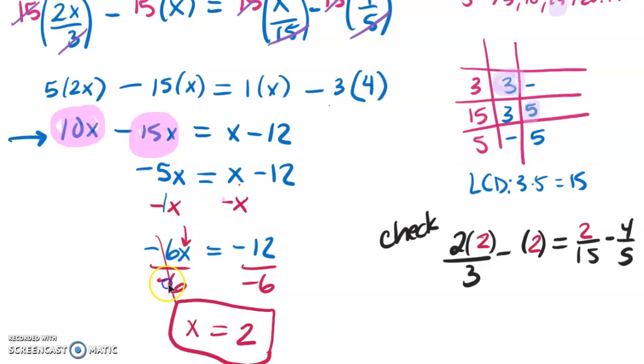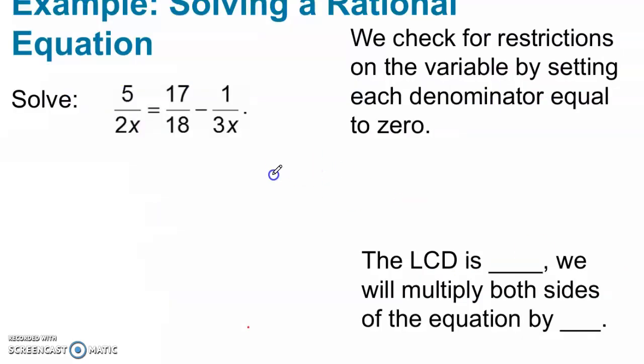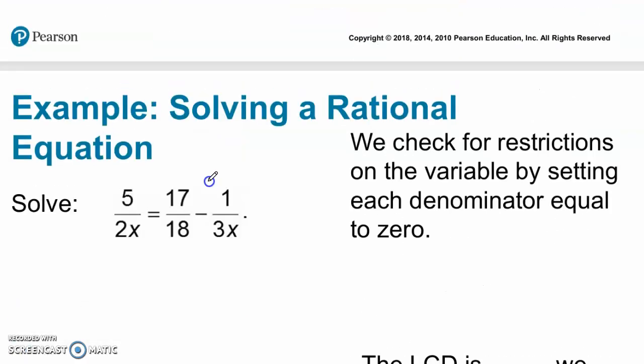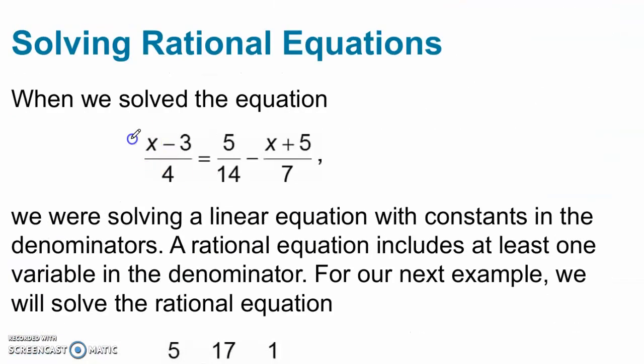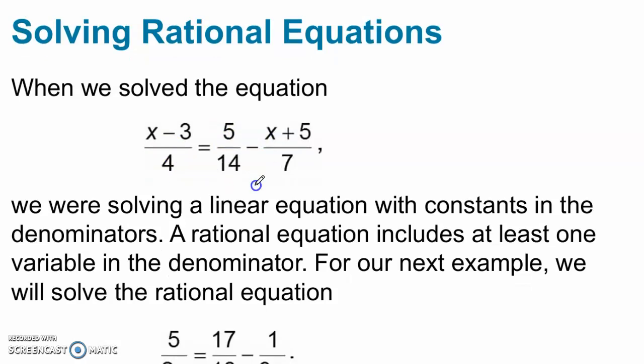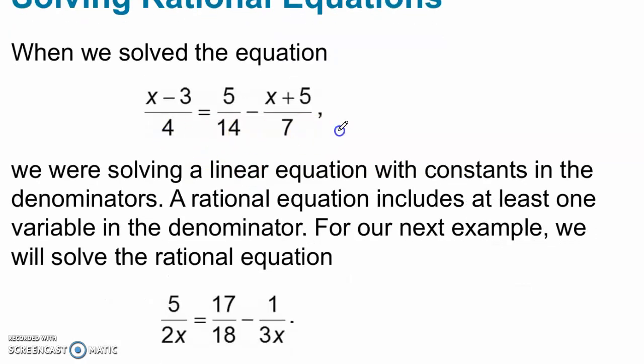So in the next video, we're going to be talking about when you have not just a number in the denominator, but what about when you have an x in the denominator? So a little bit different than the ones we did. This was considered a linear equation.